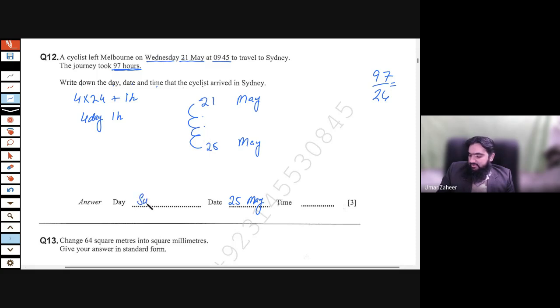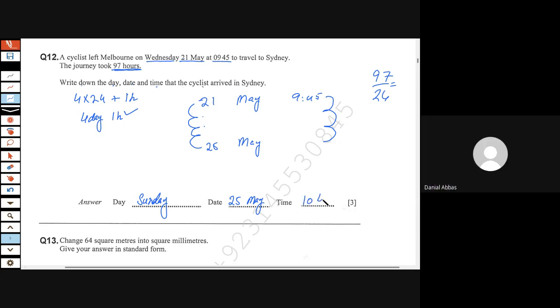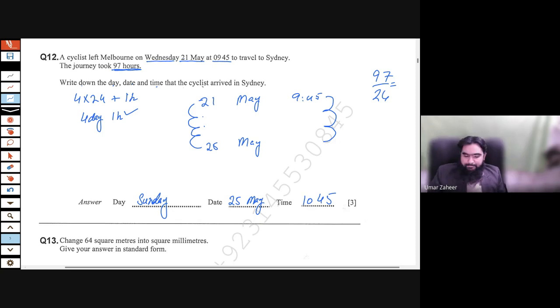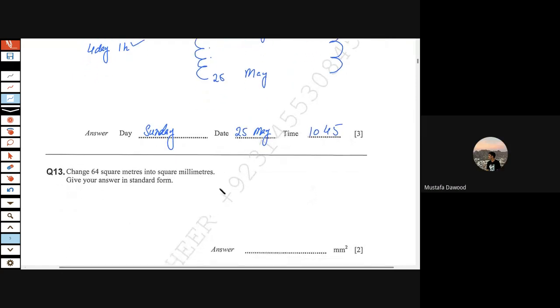So on Sunday he is going to arrive. Now about time, simply from 9:45 to next 9:45, and plus 1 hour. So that will become 10:45. That's it. Yes, everyone, it is clear? Yes, sir.